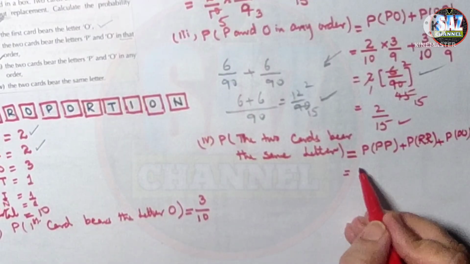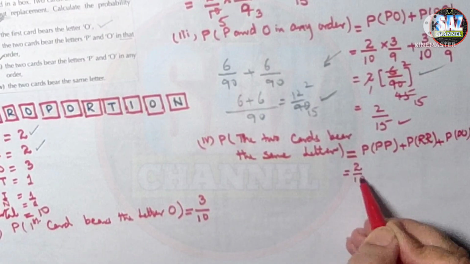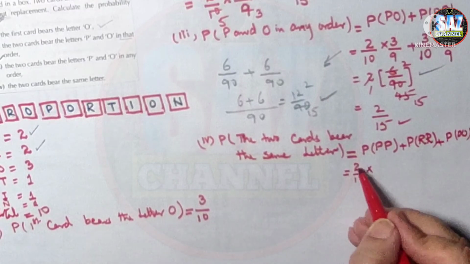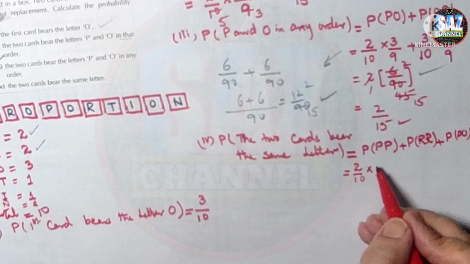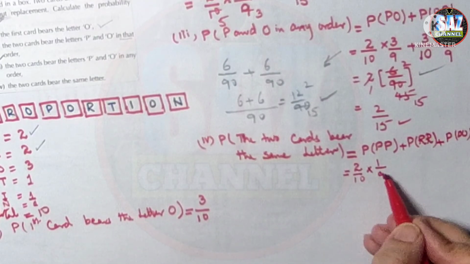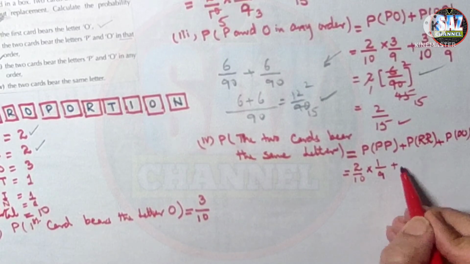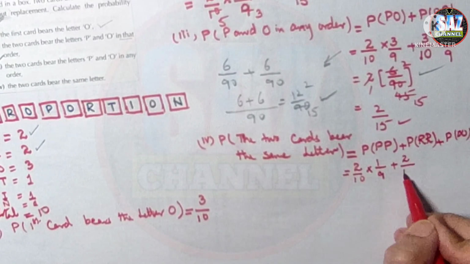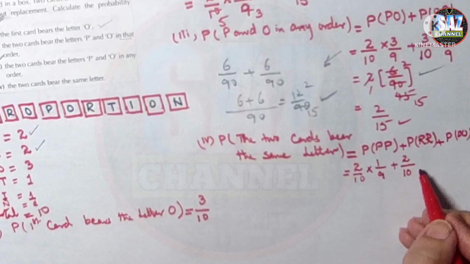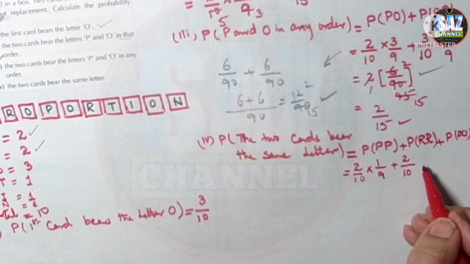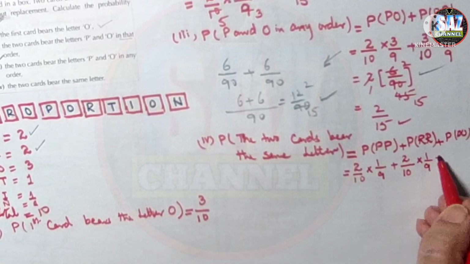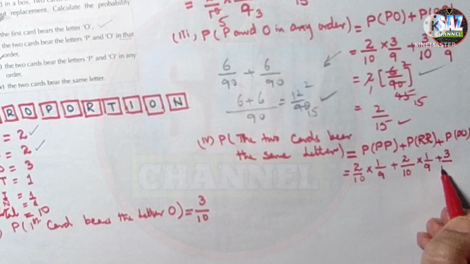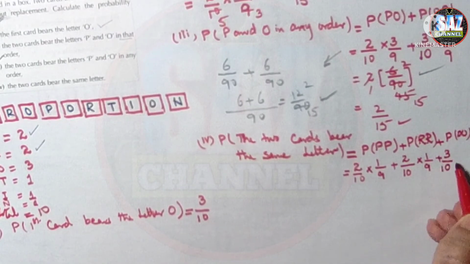Now when I am picking up P first, I will have the choice 2 by 10. For the second card having the same letter P, I have picked up one card with letter P, so the second choice will be 1 by 9. Coming to R, again R has the same situation: for the first card bearing the letter R, the choices will be 2 by 10, and for the second it will be 1 by 9. Coming to O, O has 3 cards, so the first selection will be any one of 3 cards, 3 by 10 multiplied by 2 by 9.